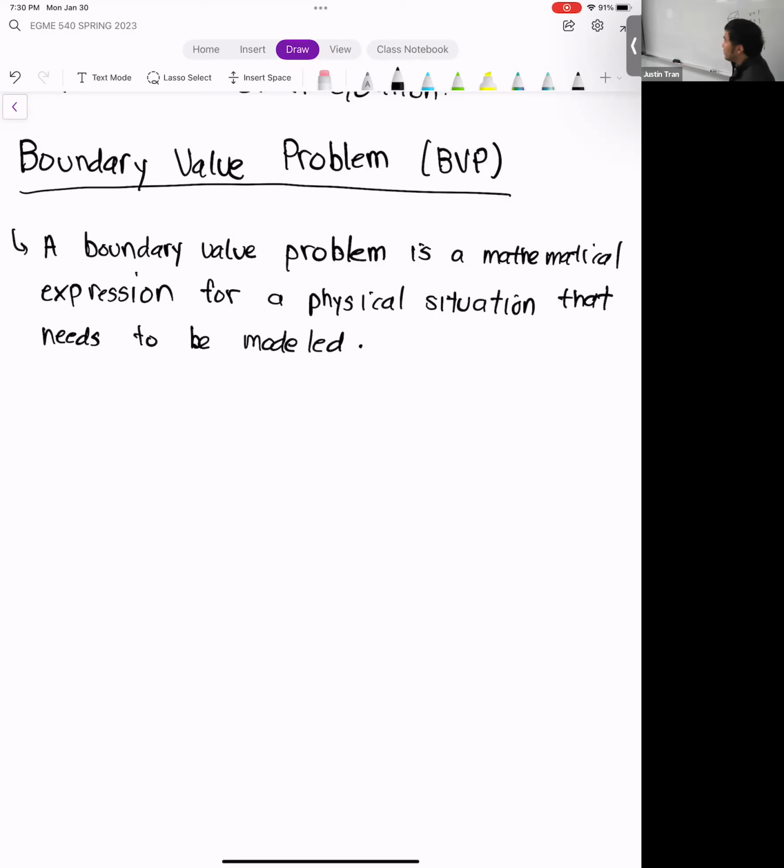A lot of the FEA theory, and if you take 541, you'll see a lot of this. Whenever you come up with a new FEA problem or FEA analysis, you first have to define its boundary value problem. The boundary value problem is the first step before you actually create a finite element solution for a problem. There's three parts to a boundary value problem, and we'll go over each one and why they're important.